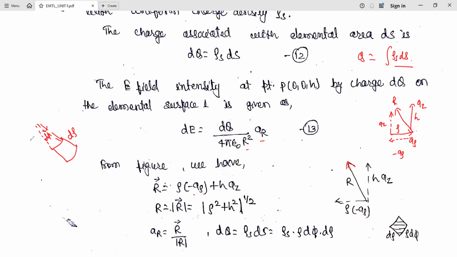So this total radius is rho, so this will become rho d phi. This is the arc of the circle. Using this concept here, in the vector representation, this is the d phi, this is the arc, and this one is the rho. So what will this value be? Rho d phi. So one side is rho d phi, another is d rho. So finally ds is rho d phi into d rho.